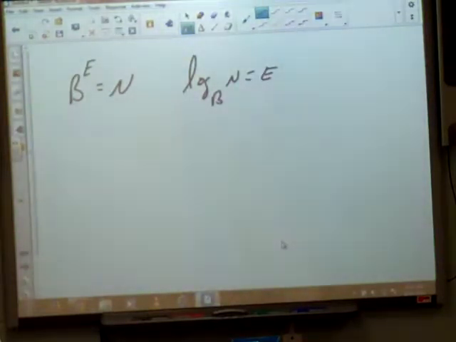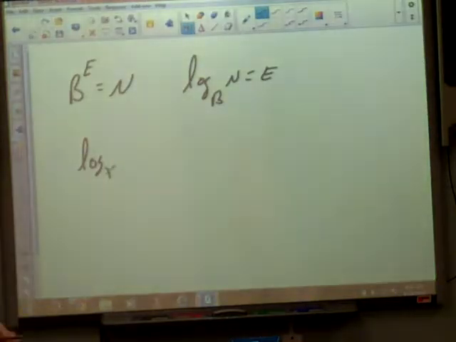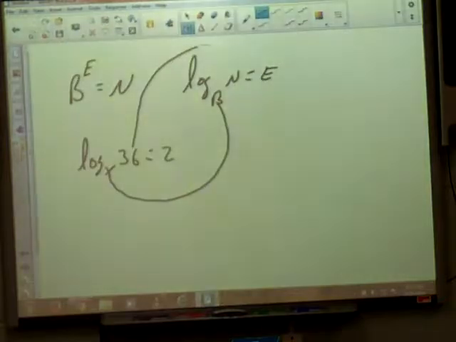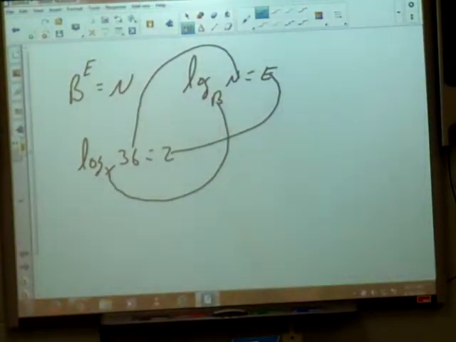Okay, so the equation they gave on number 20 has log base x of 36 equals 2. So that's an exponential form. It looks like that one up there. My b is there, my n is there, and my e is there, right? So I'm going to take that and I'm going to rewrite it into bin form.